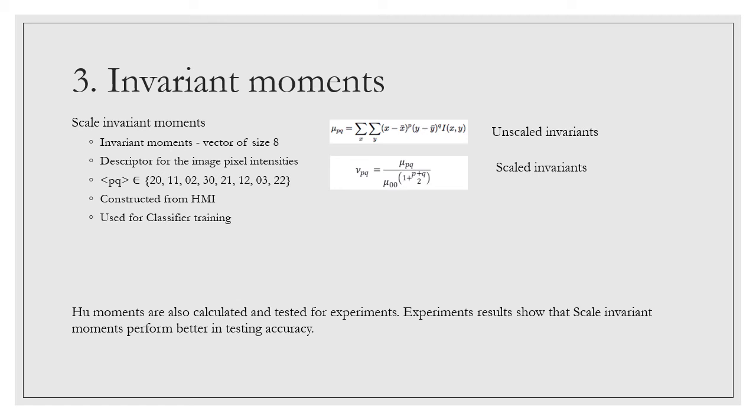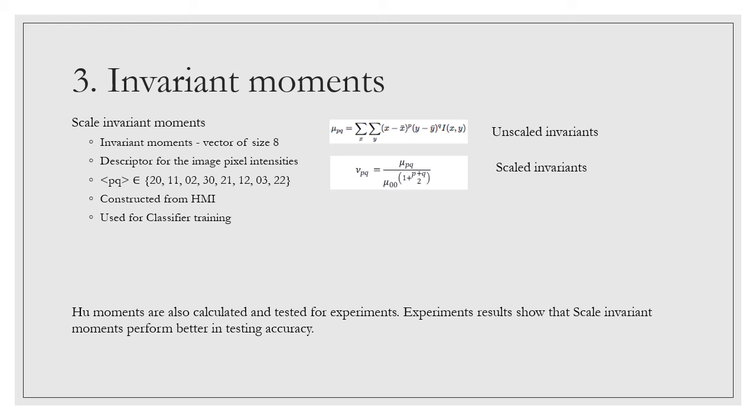However, HMI is an appearance-based method. So in order to train my classifier, I still need some invariant descriptors. So in this project, I use scale invariant moments as my descriptors for my motions. It is a vector of size 8 and is a descriptor for the image pixel intensities.